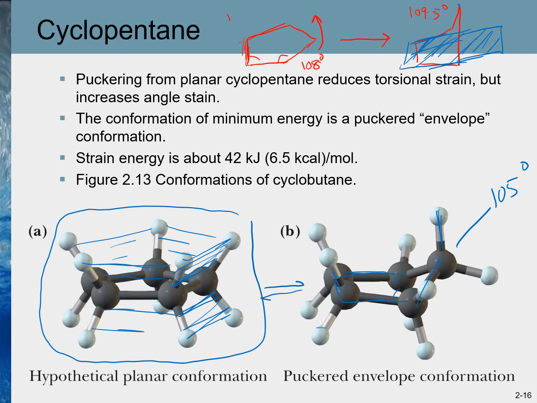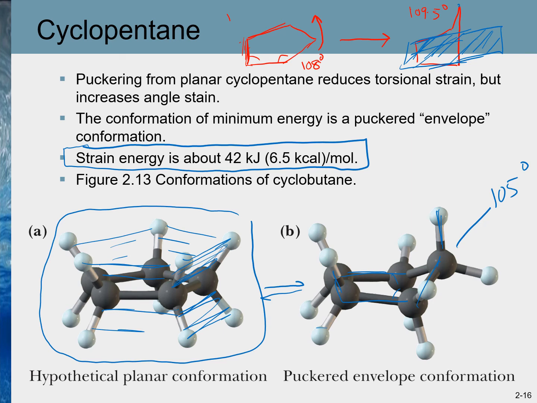So therefore, we can consider envelope conformation as an energetic compromise which balances a decreased torsional strain with increased angle strain. Yes, of course, the angle strain is a little bit more, but the torsional strain is a little bit less. The strain energy in the cyclopentane molecule is found to be 42 kilojoules per mole, which is not that bad.